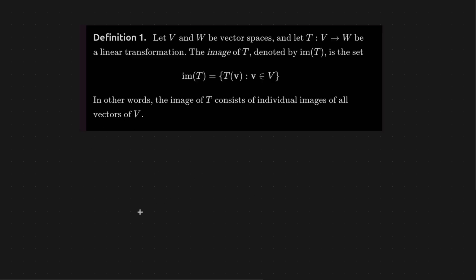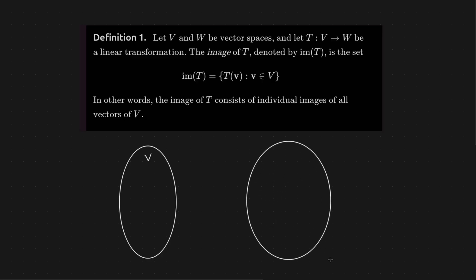All right? So let's say this is the domain. The domain is vector space V, and we have another vector space over here, vector space W. Now, what transformation T does is it maps everything in vector space V into vector space W. Everything in V goes into W, but that doesn't mean it has to fill up W. It only needs to fill up some smaller section of W. So maybe something like this.